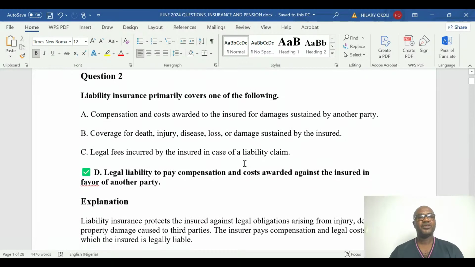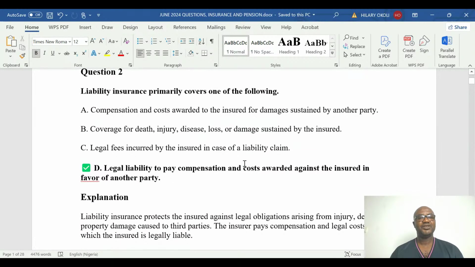The second question talks about liability insurance, saying that liability insurance primarily covers one of the following. The correct answer is D, that states legal liability to pay compensation and costs awarded against the insured in favor of a third party.